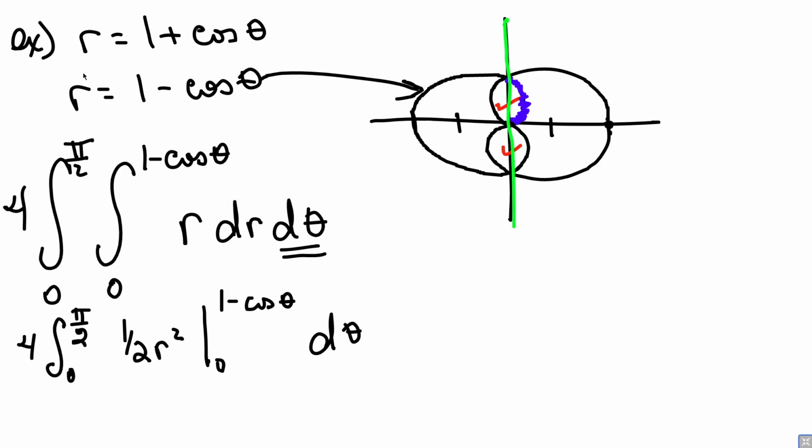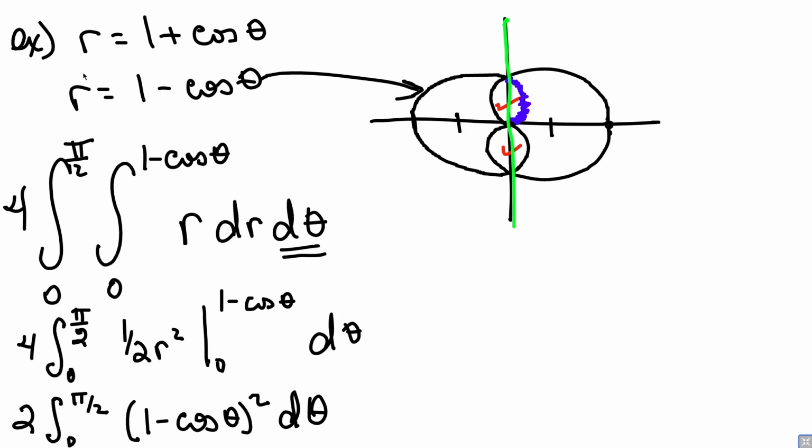Now that 1/2, I'm going to pull out, so it gives me 2 here. Then I'm going to have the integral from 0 to pi over 2. In place of 0, it's going to be 0, which is nice. So I'm going to put in 1 minus cosine of theta in place of r, and I'm going to square that.